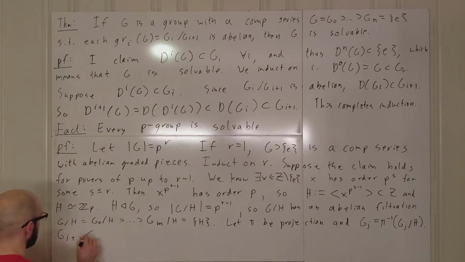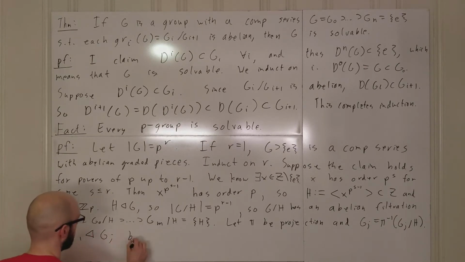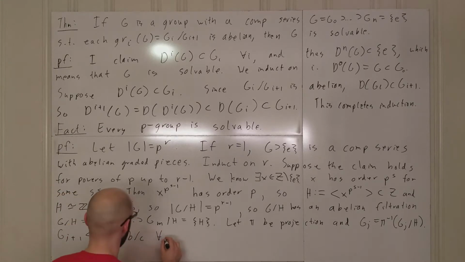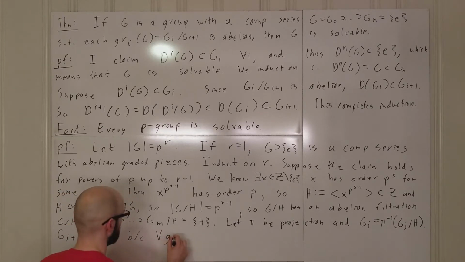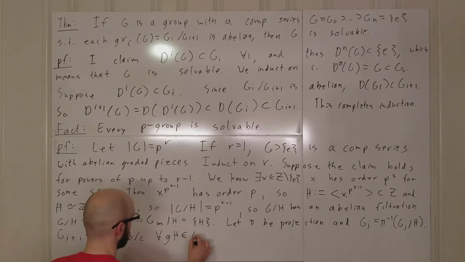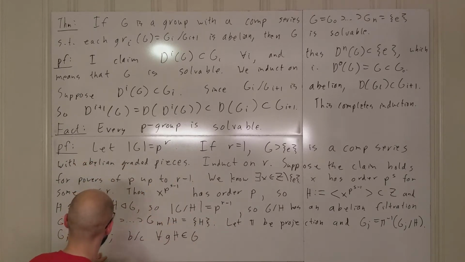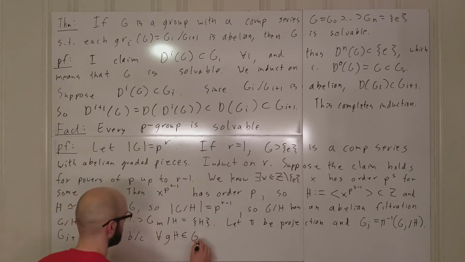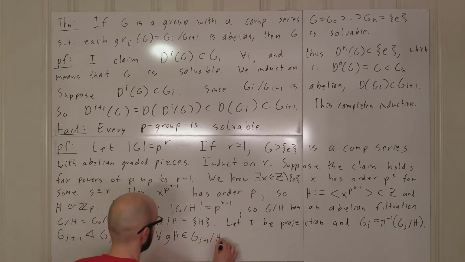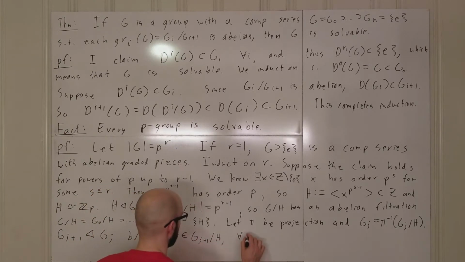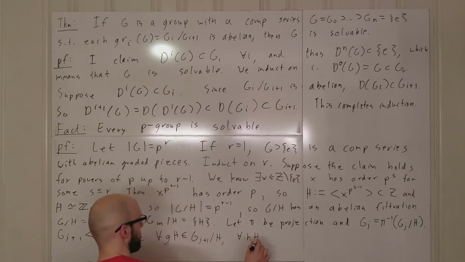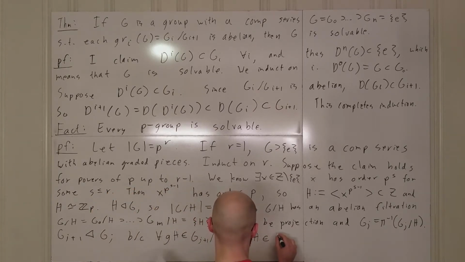Gj plus 1 is normal in Gj because for all G, H in G, so we have Gj plus 1 normal in G. So for all GH in Gj plus 1 mod H, and for all H, and that's horrible notation, but I'm going to stick with it, GH mod H.